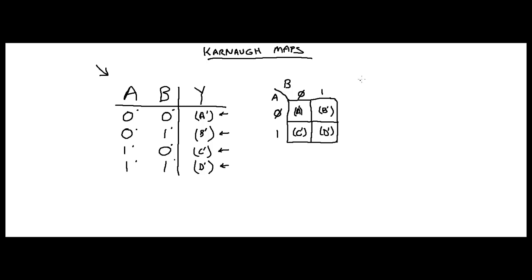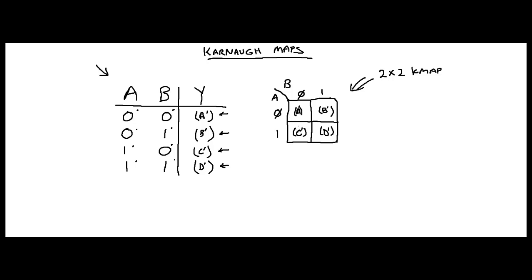And this right here, that is a 2 by 2 K-map. Now, when you use a K-map, you generally transfer the truth table into the K-map, and we're going to do several more of these.